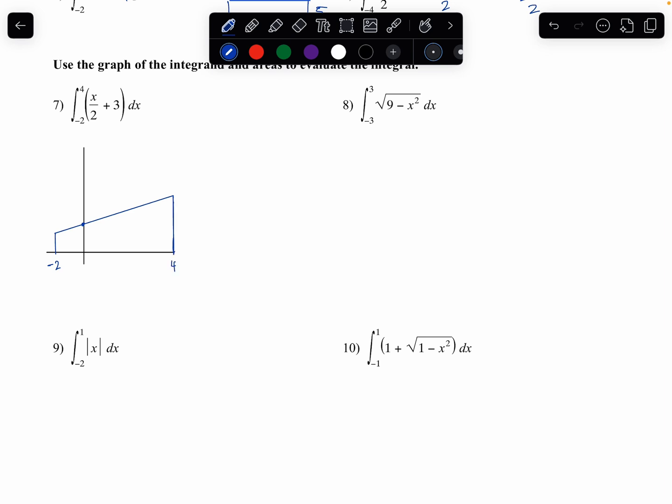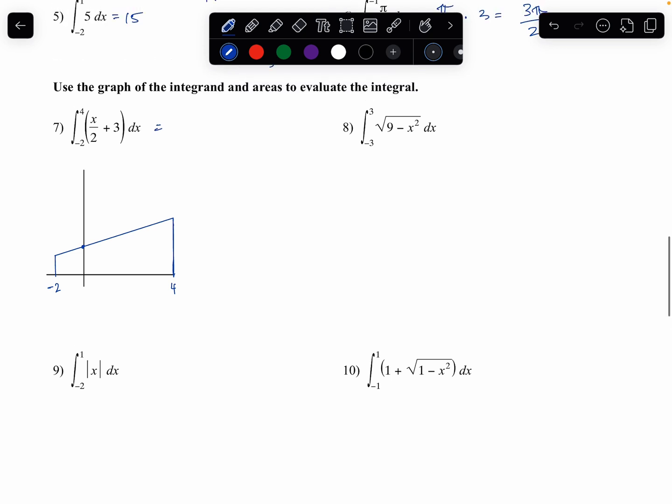So I see a trapezoid. So I'm going to calculate this integral by just finding the area of a trapezoid, which is 1/2 of the height of the trapezoid times the sum of the bases. A lot of times using these curves, the trapezoid's height is just the interval. So from -2 to 4, which is going to be 6. So 1/2 of 6, and then times the sum of the bases.